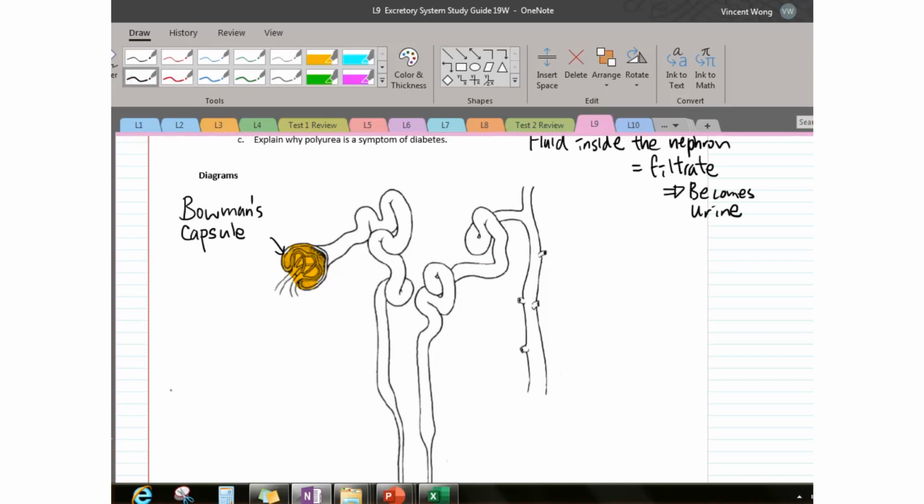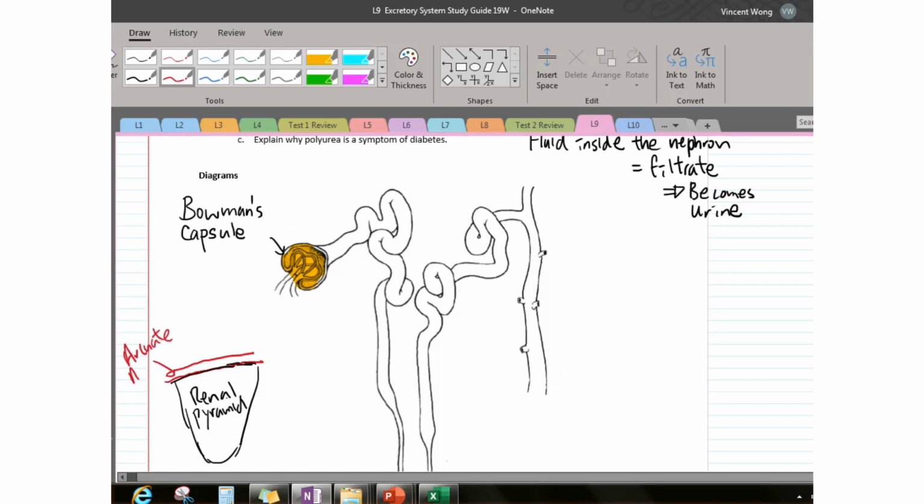This is not to scale, but just to help you understand what's going on. This would be your renal pyramid, and you might remember on the outer edge of the renal pyramid there is the arcuate artery. If you don't remember, pause the video, go back and take a look at the diagram we drew.